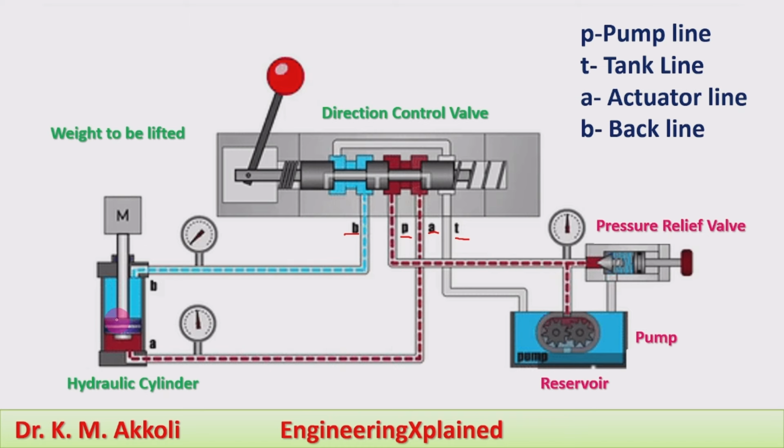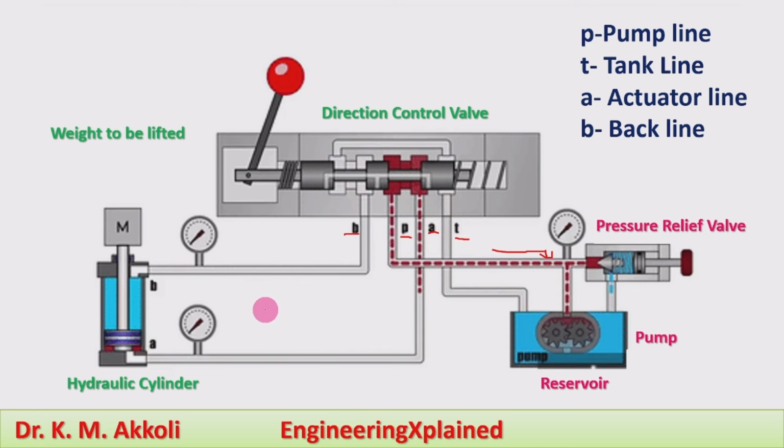Then the pressure will be applied here, and from the other side, the piston end side, the fluid goes to the tank through this line. Here also we can see that through this direction it goes to the tank. If pressure is required on the other side also, that can be done. Like this, in this one only the forward stroke requires power. That is a very simple and best application of how the working takes place.